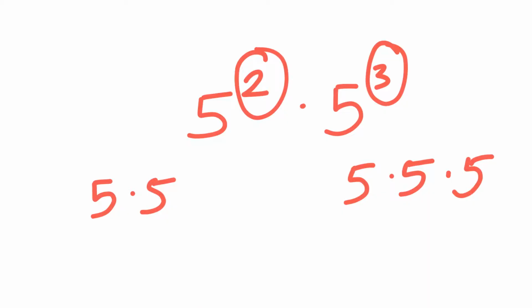Because 5 to the second power times 5 to the third power is the equivalent of saying 5 times 5 times 5 times 5 times 5. And so the way we express 5 times itself 5 times would be 5 to the fifth power.